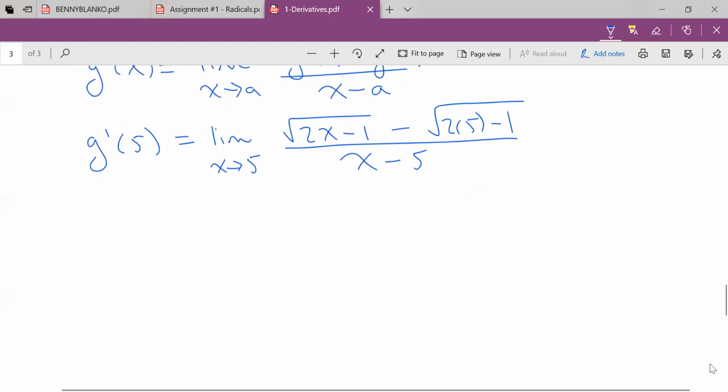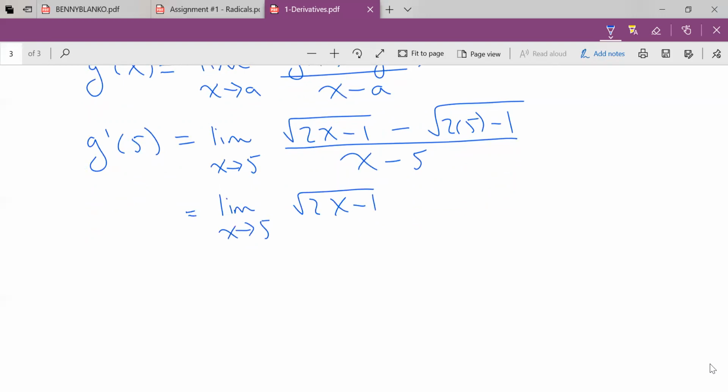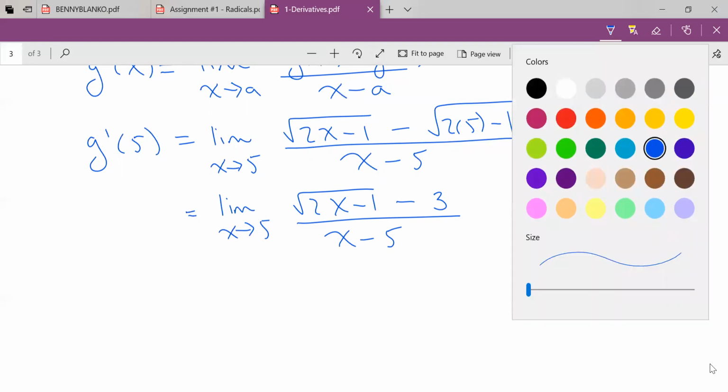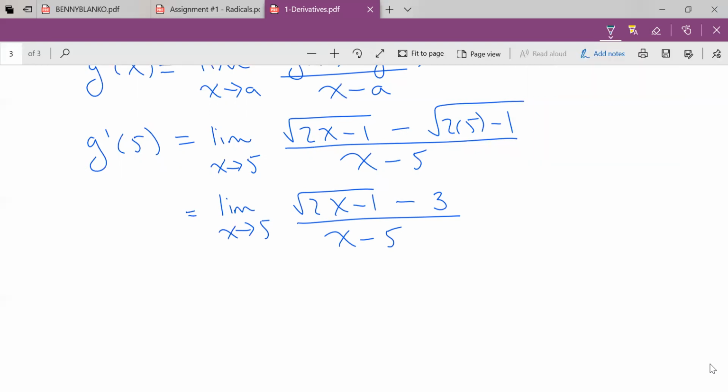And we start simplifying. So again, make sure you're writing limit all the way down the page. The square root of 2x minus 1. Okay, that's going to be the square root of 9, which is 3. And then now we've got a problem. We have division by 0 if we try direct substitution. So now what we do is we multiply by the conjugate.